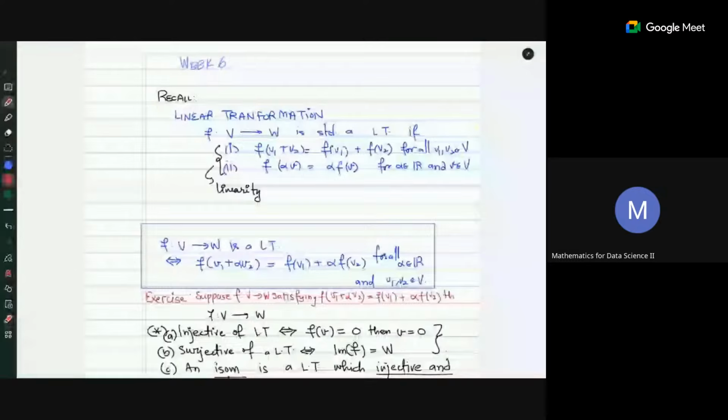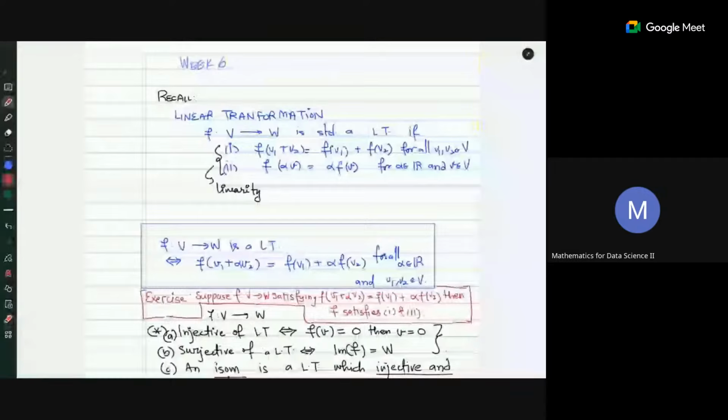Then F satisfies conditions 1 and 2 of the definition. So those who are interested can do this exercise.